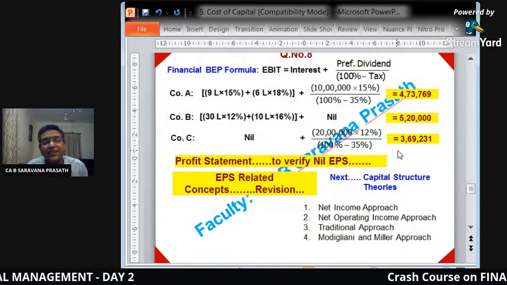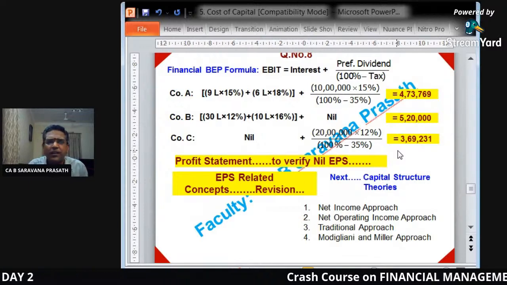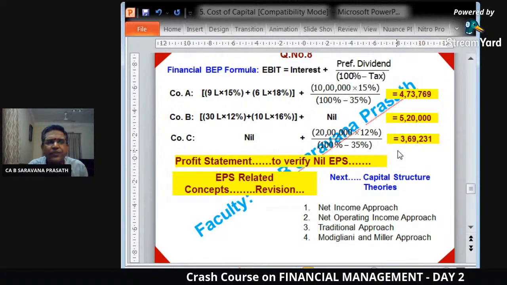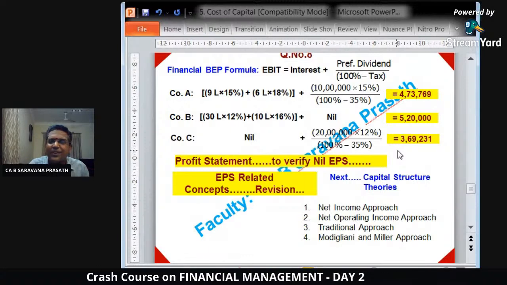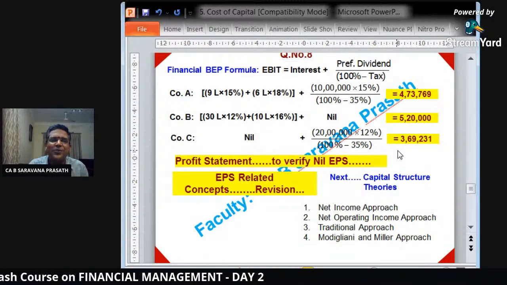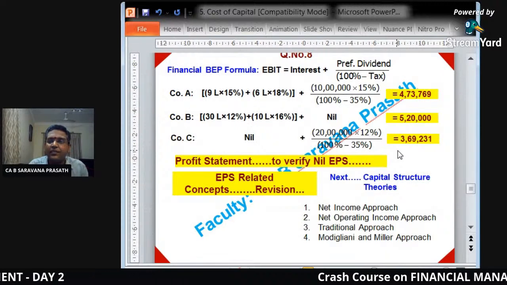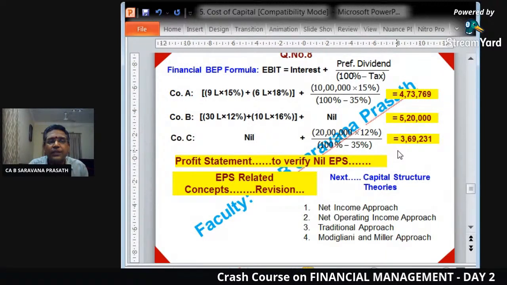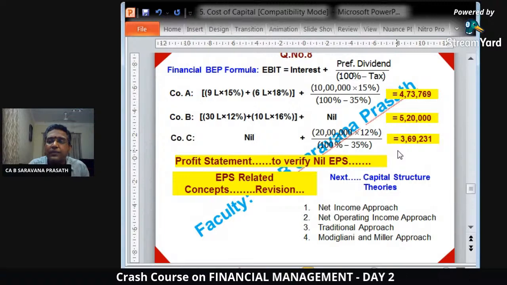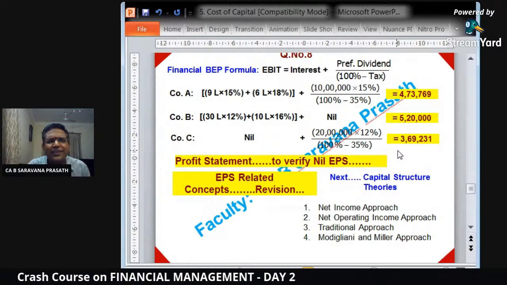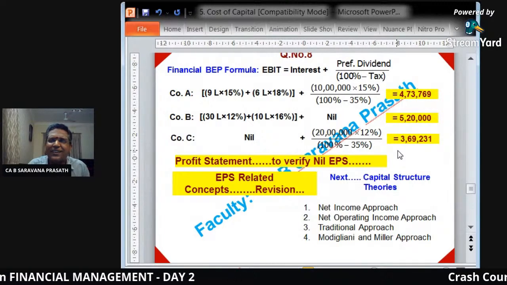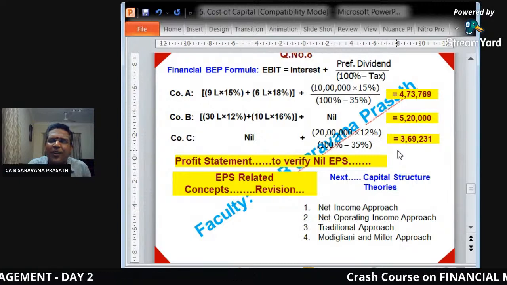Is it not sufficient if the company earns money? No, it is not sufficient. Equity shareholder is the last person in the queue. He should be satisfied. Sir, every person in the queue should be satisfied. Why are you telling only last person should be satisfied? Very simple logic. You are taking care of people only in the queue order.